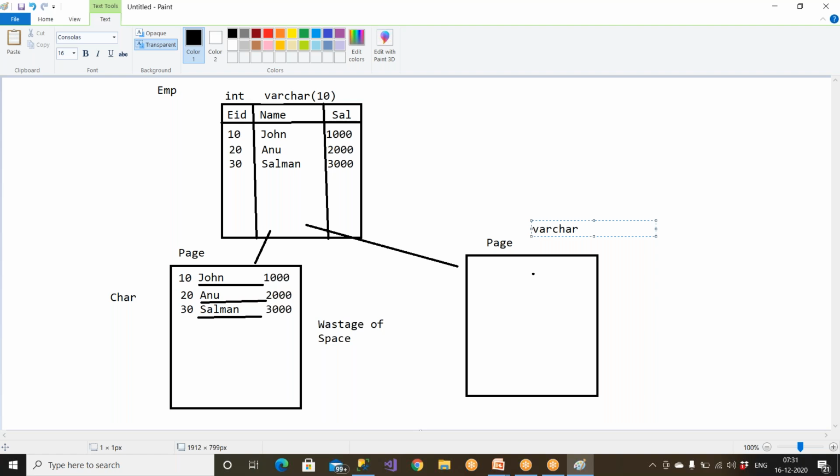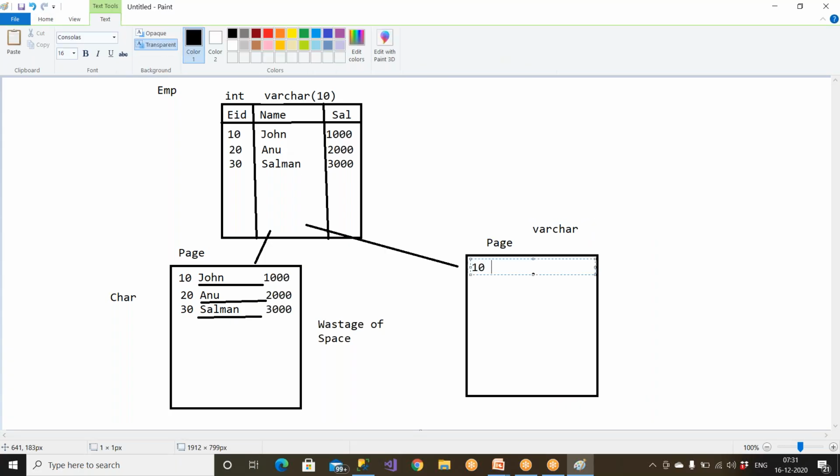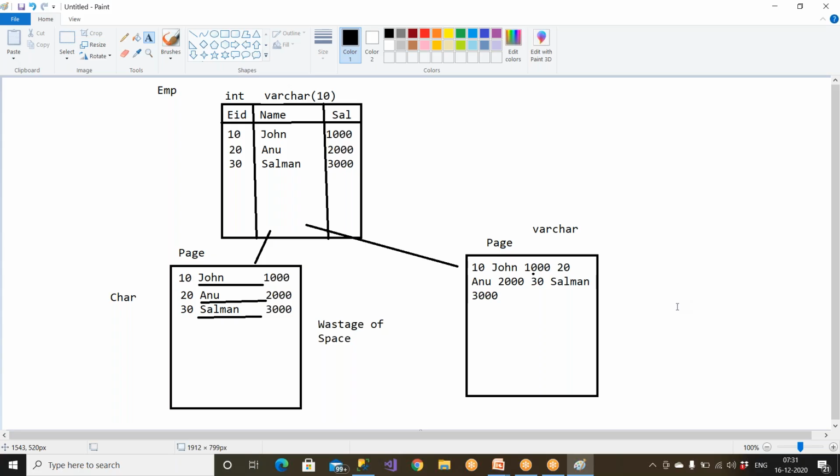When you go in for varchar, what happens? It will be like this. If you store this kind of data, 10 John, then 1000, then 20, then Anu, okay, then 2000, then 30, then Salman, 3000. Okay, so like that, it is not going to leave any space at all.